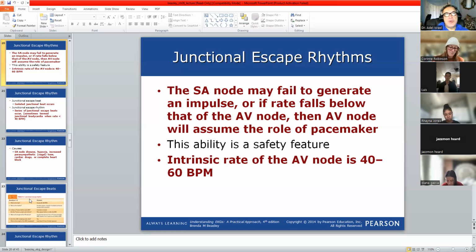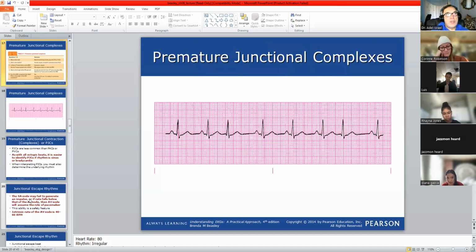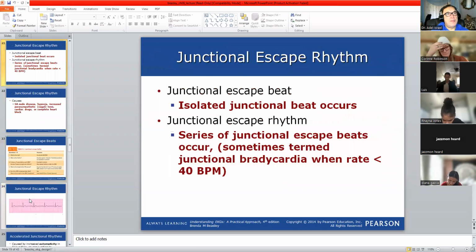And the normal rate for junctional, as you know from before, is 40 to 60 beats per minute. So please compare: here the SA node is not working, but in the previous slide, the SA node is working, and we have an ectopic source or site producing the junctional rhythm. Very good.